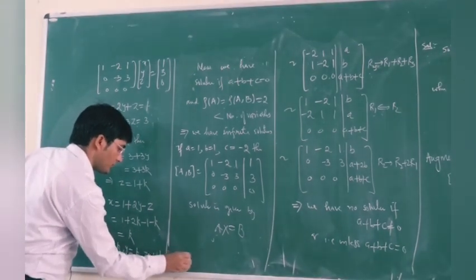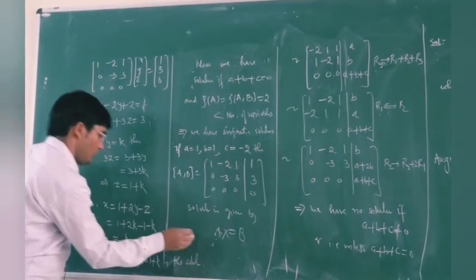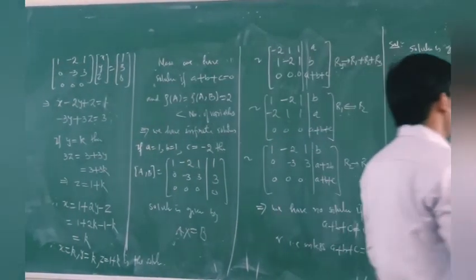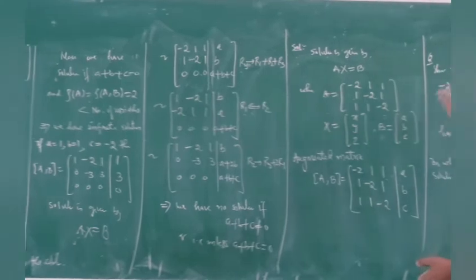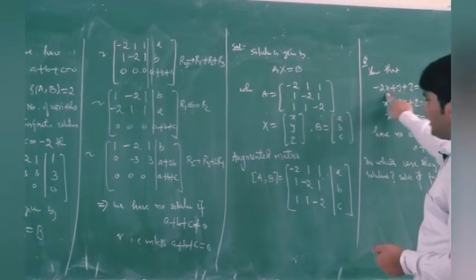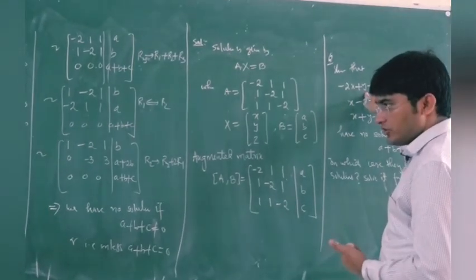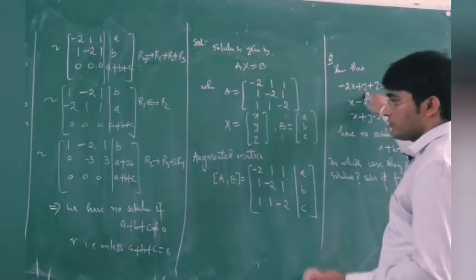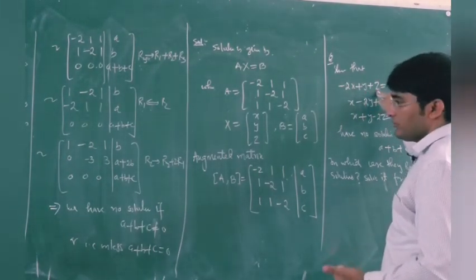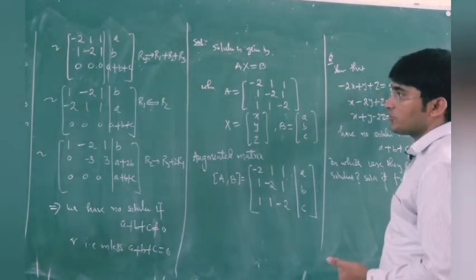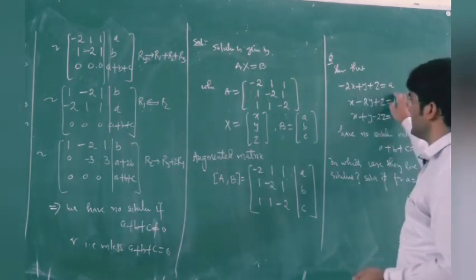And we can verify that it satisfies the equations. So let us put x equal to k here. So this will be k minus 2k plus k, which is 0. And if we put z equal to 1 plus k, then we will have 1 here, and the value of a is 1. So that means this equation is satisfied.